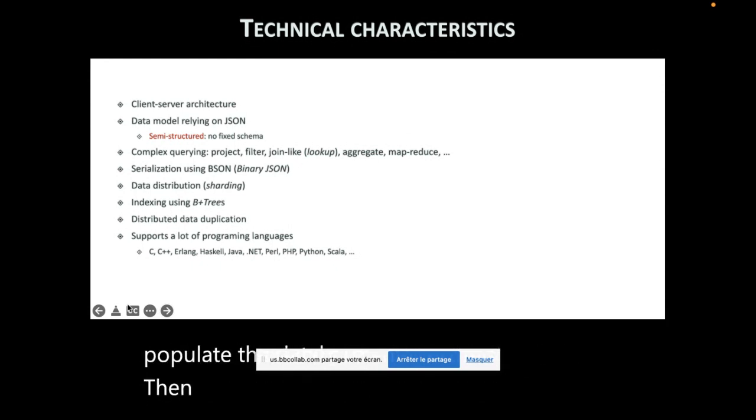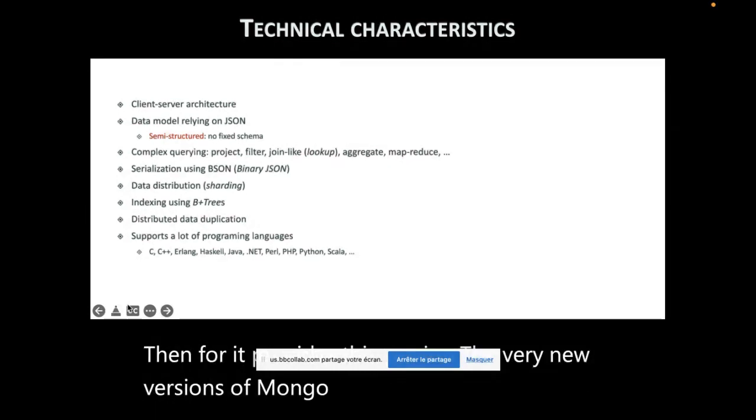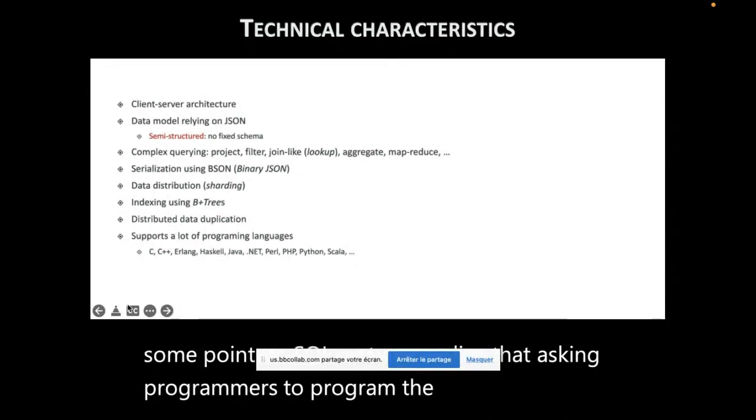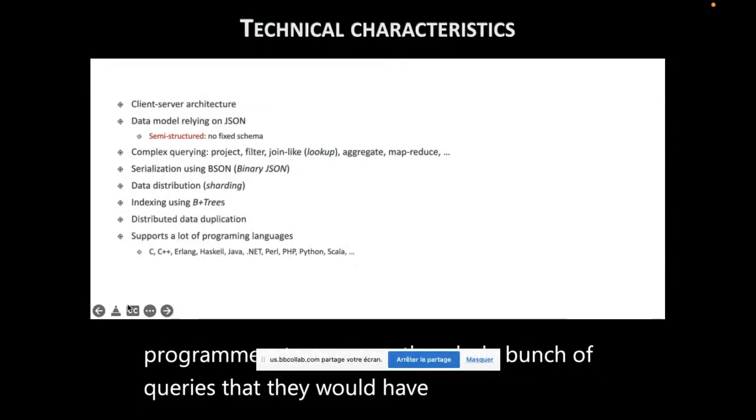Then it provides this version. The very new versions of MongoDB have evolved, and at some point, NoSQL systems realized that asking programmers to program the whole bunch of queries that they would have to program was too much.